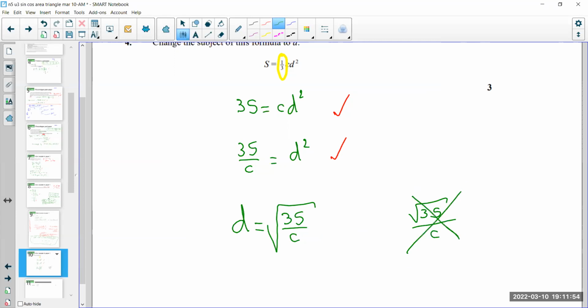That is wrong. The square root needs to go across the whole fraction. Okay? Any question? My s's look very much like 5s, but you know what I mean. D equals the square root of 3s over c, and that is your third mark. Any question with this?